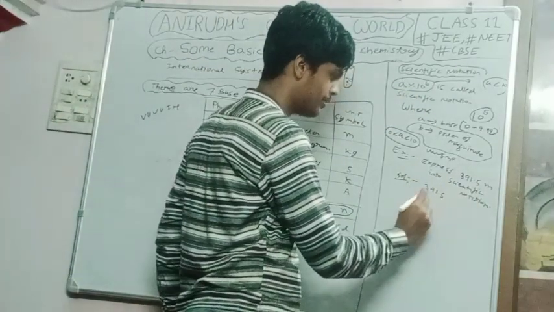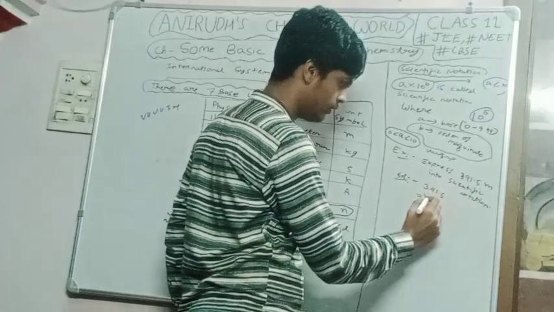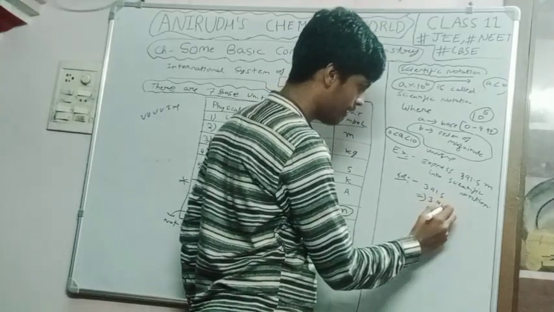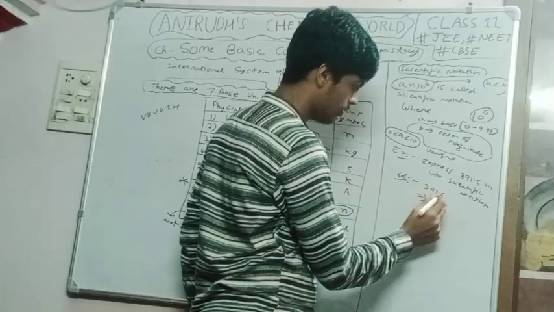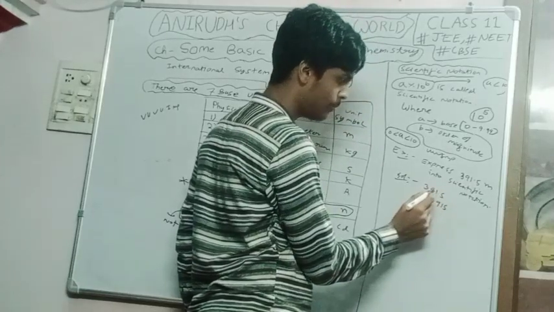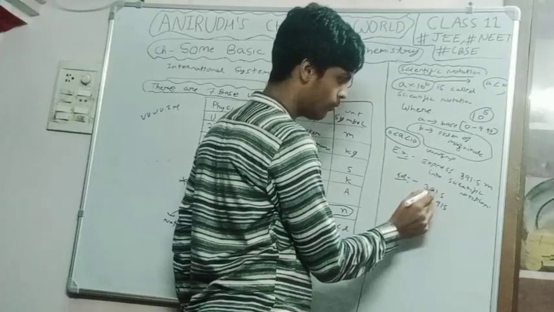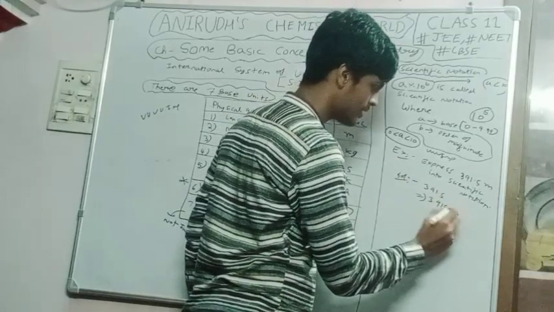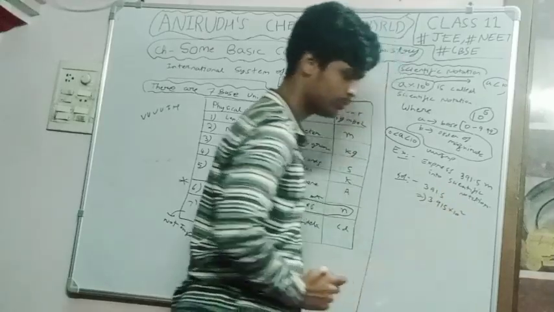Express this into scientific notation. In 391.5, you need to express it as 3.915. Okay, 1 in 391.5, 3.915, you need to write like this. How many places did it go to the left side? 1, 2. Right? So you need to express it as 10 to the power of 2.